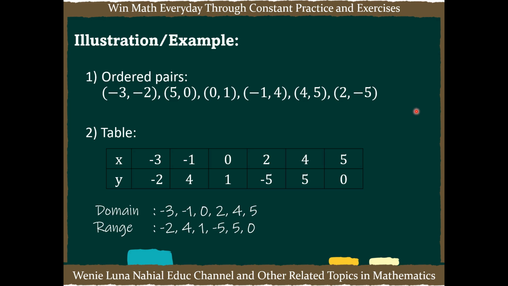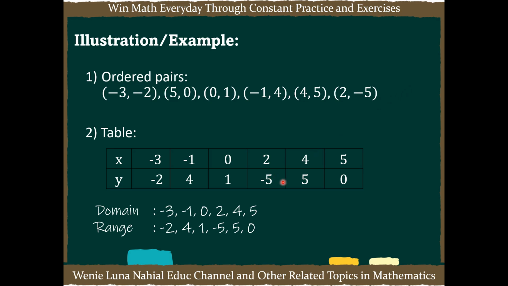And since every first component of the ordered pair is paired with a unique second component, so every abscissa has a unique ordinate or y coordinate, we can say that this is a one-to-one relation.